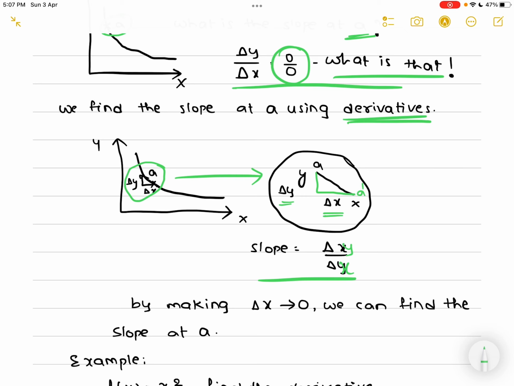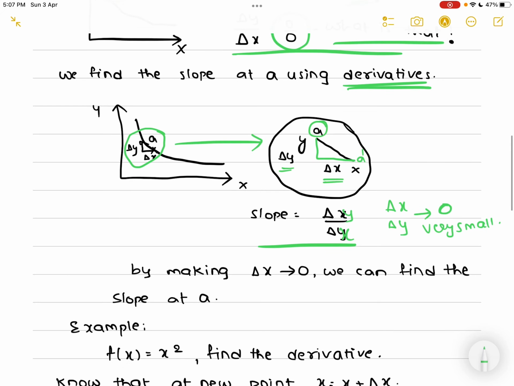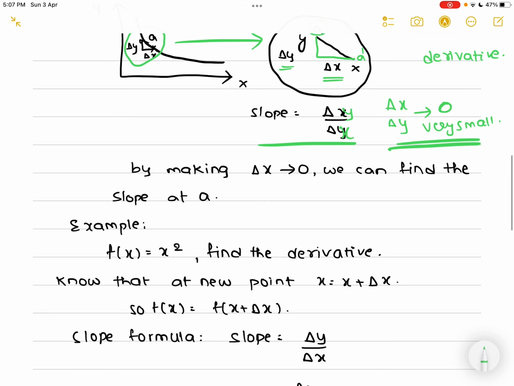If we make delta x and delta y tend towards 0, very small, we get the slope at A. So this process is finding a derivative. By making delta x go to 0, we find the slope at A.